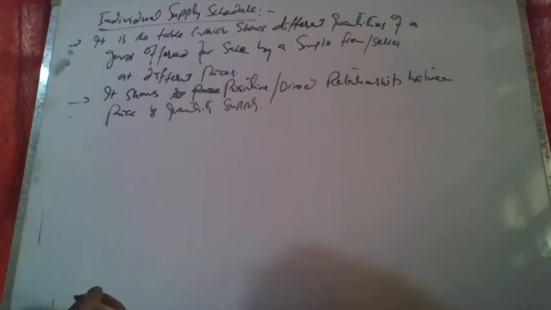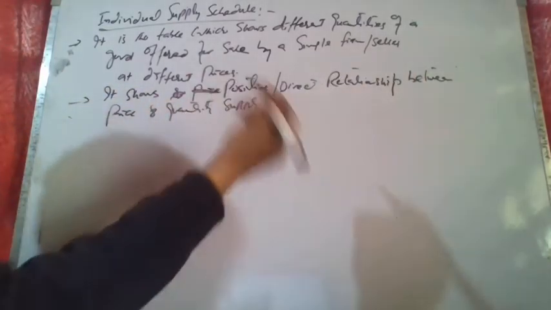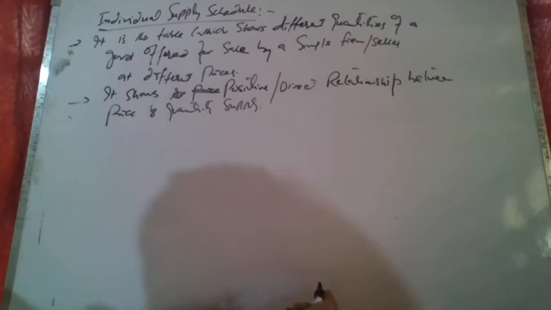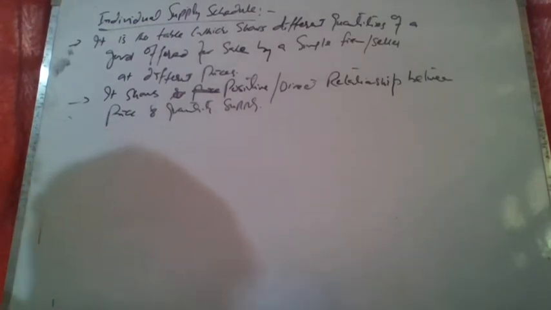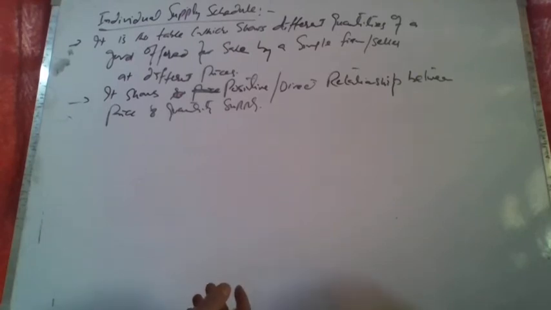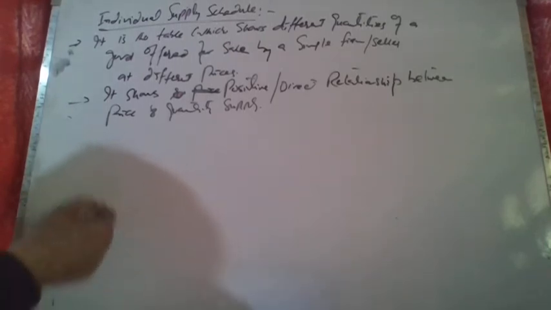That means when price increases, the firm supplies more. When price decreases, the firm supplies less. So according to price, this individual firm supplies accordingly.